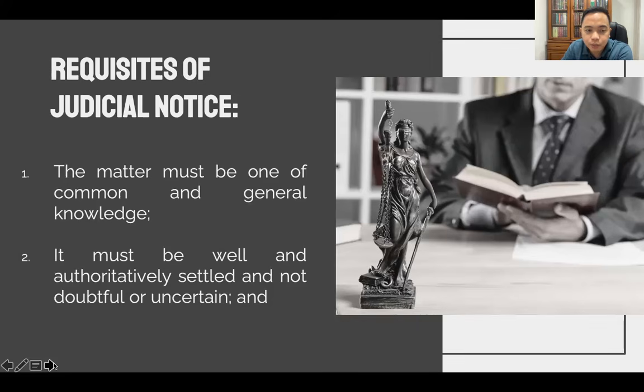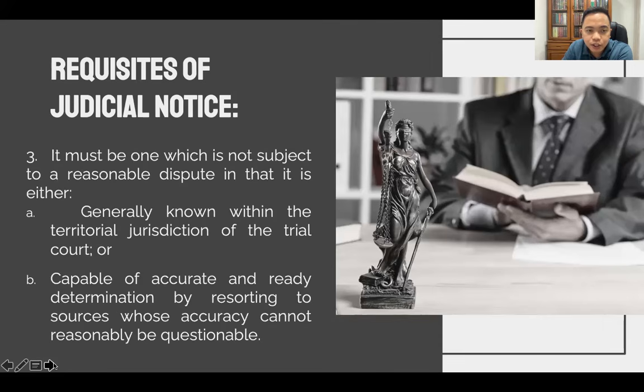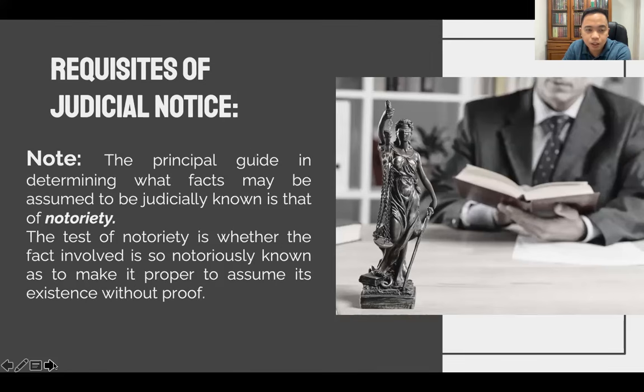Two, it must be well and authoritatively settled and not doubtful or uncertain. Third, it must be one which is not subject to a reasonable dispute in that it is either generally known within the territorial jurisdiction of the trial court or it is capable of accurate and ready determination by resorting to sources whose accuracy cannot reasonably be questioned.